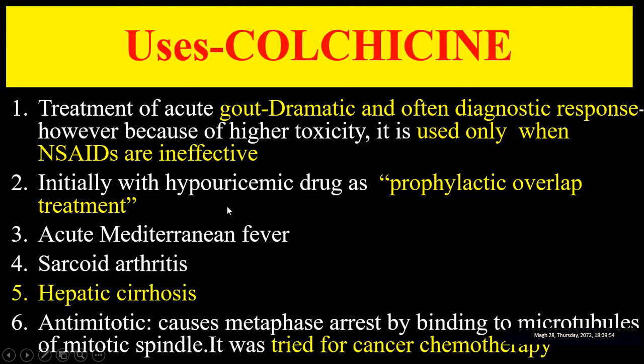Besides, since it causes metaphase arrest, it was tried in cancer chemotherapy without much success. It is also used in hepatic cirrhosis, and Katzung has also written that it is used in acute Mediterranean fever and sarcoid arthritis, which I am not much aware of.